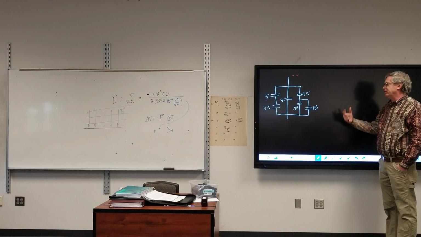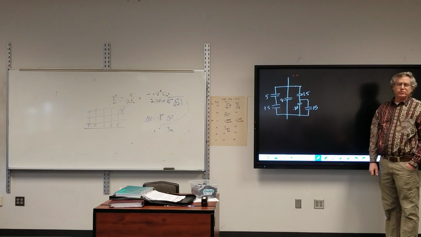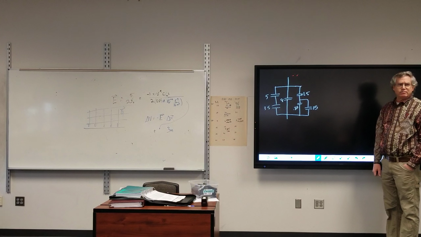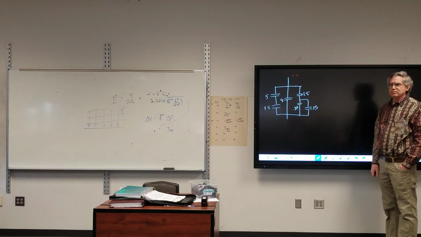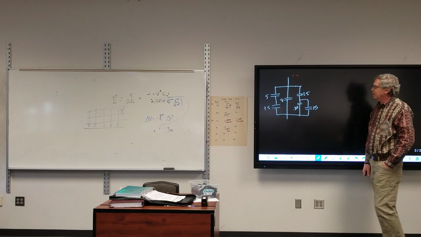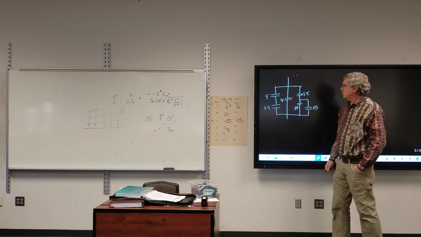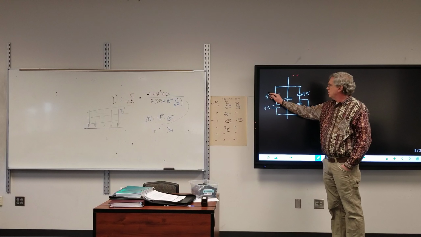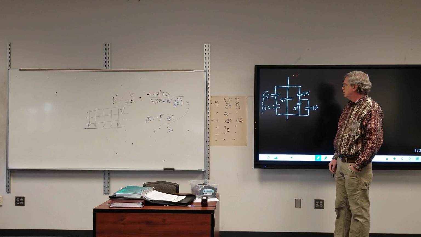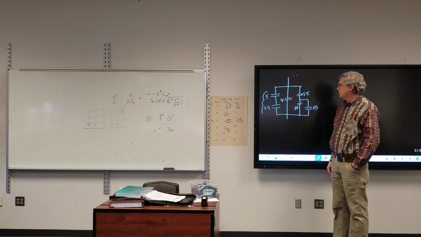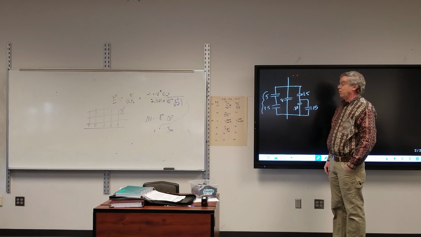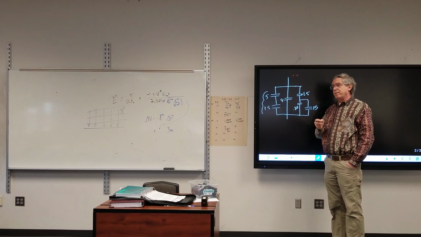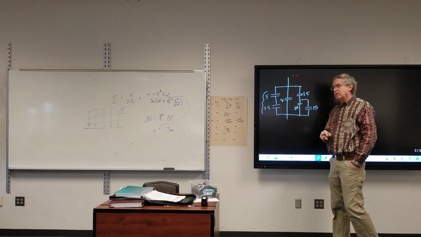We start looking: do we have any parallel or series that we can combine? Well, you could do the series and combine the two. Which two? You could do 5 and 3.5. Series capacitors use the reciprocal, yes.